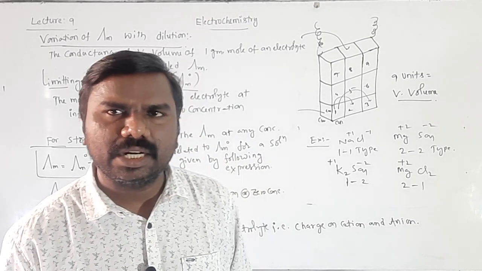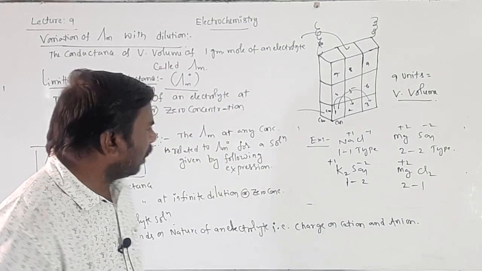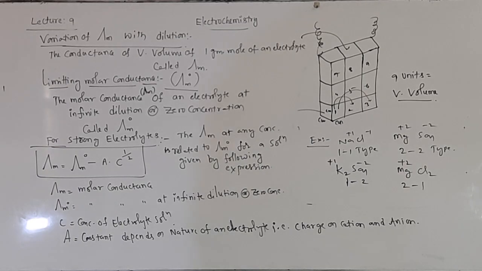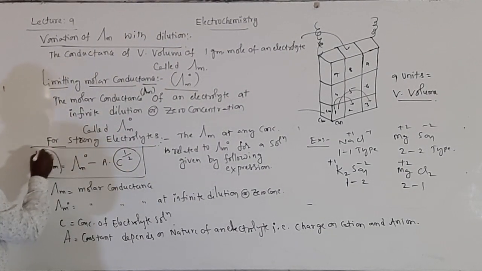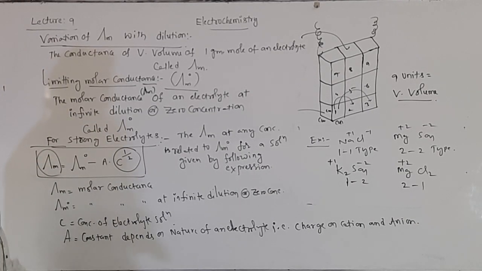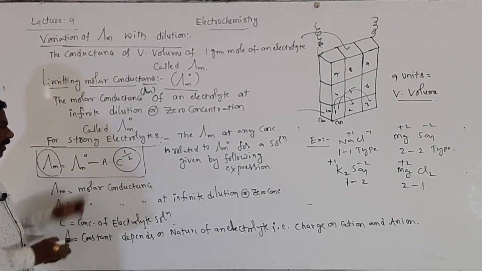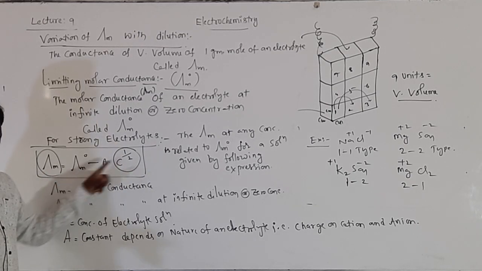A will be calculated, nothing but a constant value. You just observe clearly, students, here concentration versus molar conductance. There is a negative sign. If it is a positive sign, it is directly proportional.